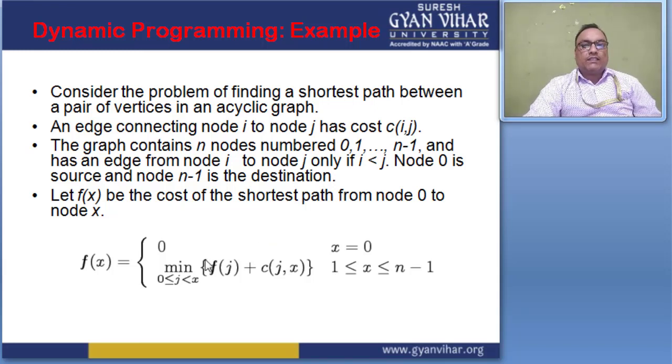So the function is f0 equal to 0, and otherwise fx is the minimum over 0 less than or equal to j less than x of fj plus cjx, where 1 less than or equal to x less than or equal to n minus 1, and n is the number of nodes here.